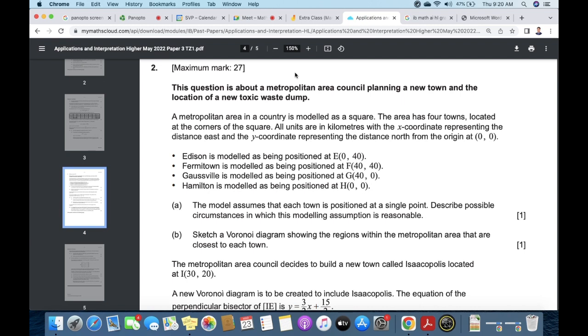So any of you three, why do you think it's reasonable enough to represent them with a point? Why not draw the entire town?